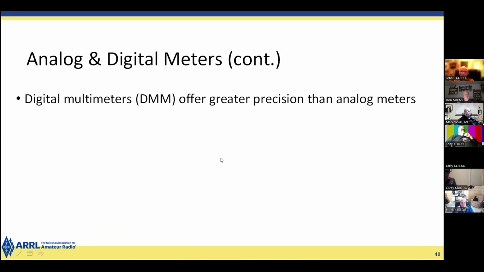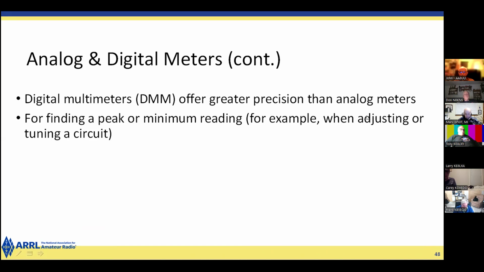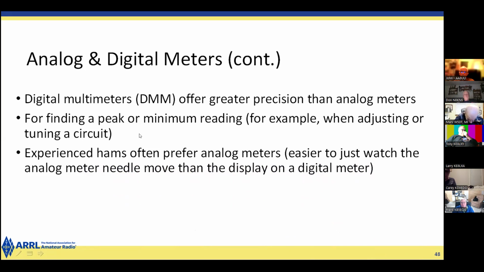Well, let's get going here. Digital multimeters, DMM, offer greater precision than analog meters. And for finding peak or minimum readings, for example, when adjusting or tuning a circuit, experienced hams often prefer analog meters, easier to just watch the analog meter needle move than the display on a digital meter.